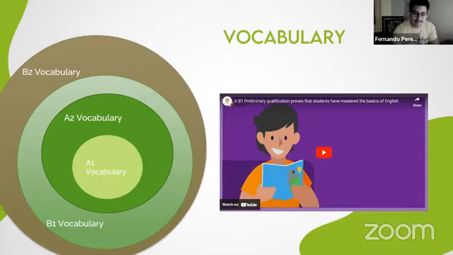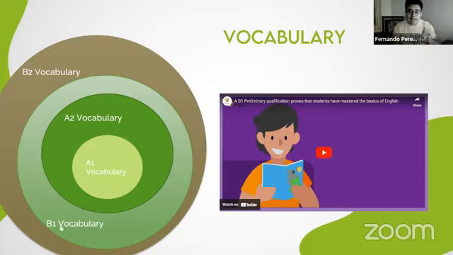We put much emphasis on words, on levels, on word families, nouns, adjectives, verbs, you know? The most important section for the exam is to get familiar with the B1 vocabulary.